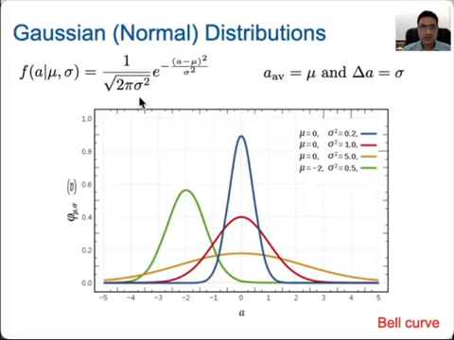I will show you in the next slide how to estimate this value. Then e to the power minus (a minus mu) whole square divided by sigma square is the specific form of the Gaussian function. Here mu is the average value, and the standard deviation delta a is sigma.